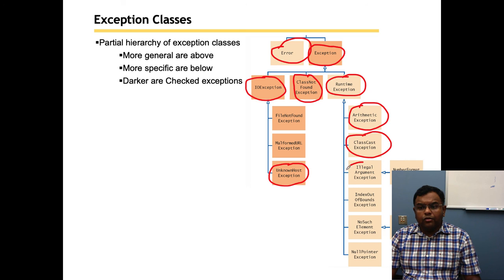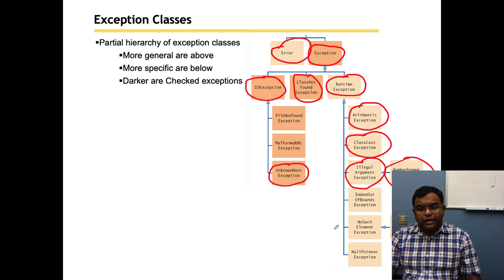Then IllegalArgumentException, NumberFormatException. NumberFormatException will happen when you are trying to convert a string and get a double or floating point number out of it, and this particular string doesn't contain a floating number. Then this kind of exception can happen.